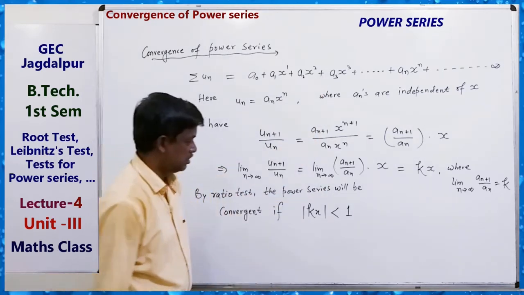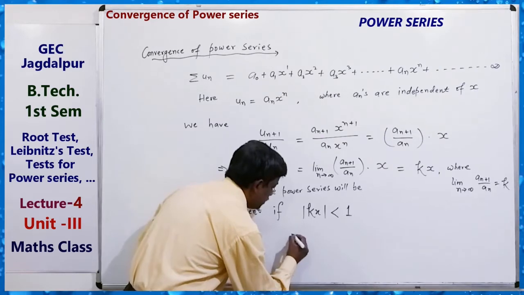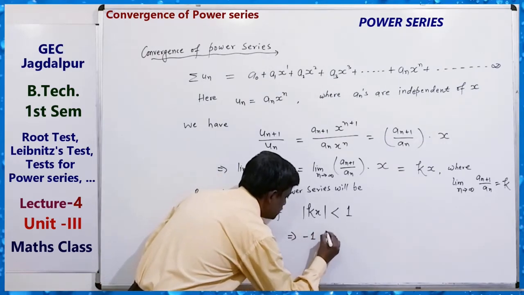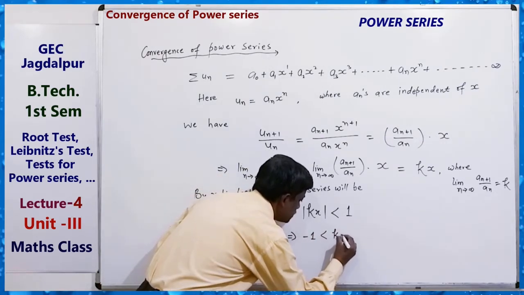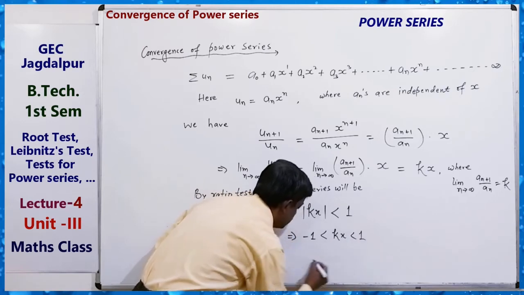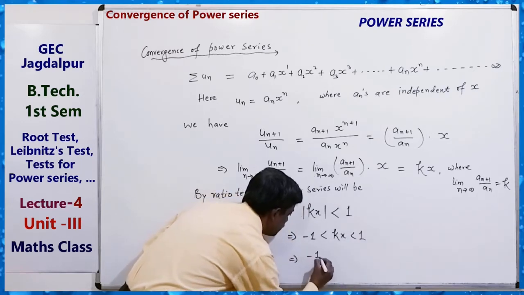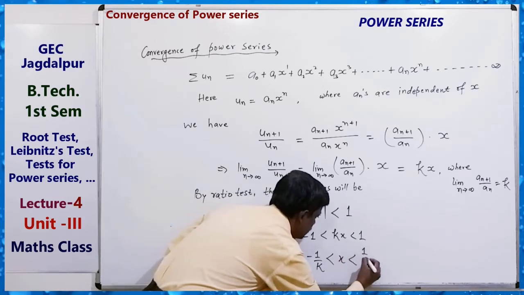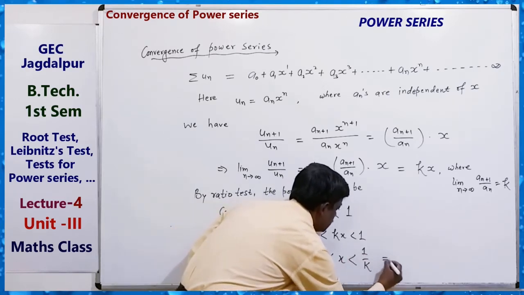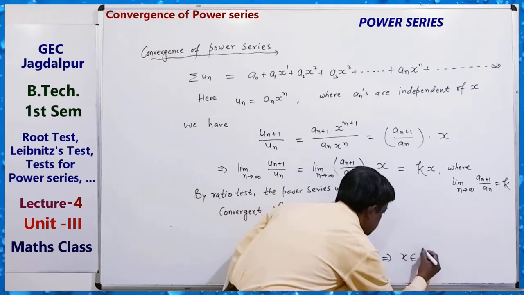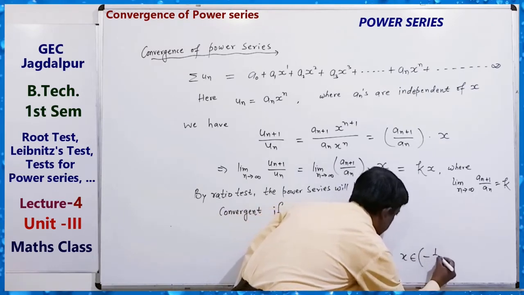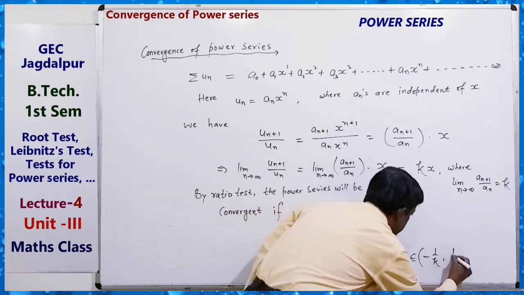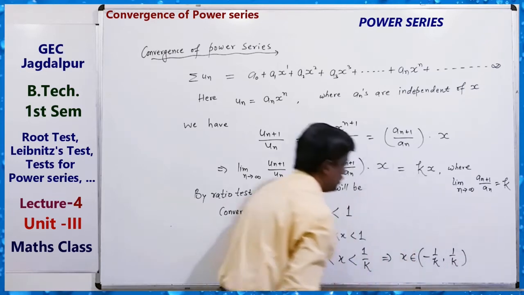So this means minus 1 is less than kx is less than 1, that is, minus 1 by k is less than x is less than 1 by k. That is, x belongs to minus 1 upon k and 1 by k.